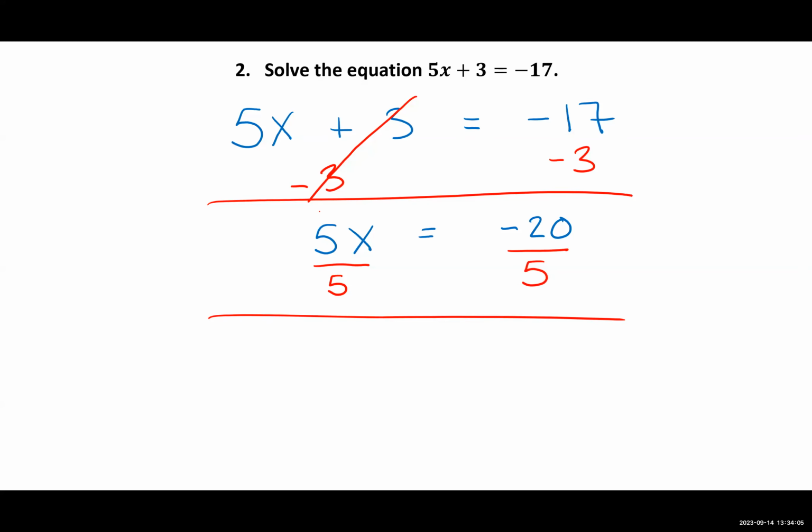So on the left, the times 5 and the divide by 5 cancel. And we're left with x is equal to -20 divided by 5, which will give us -4. All right, so -4 is our answer to this one.